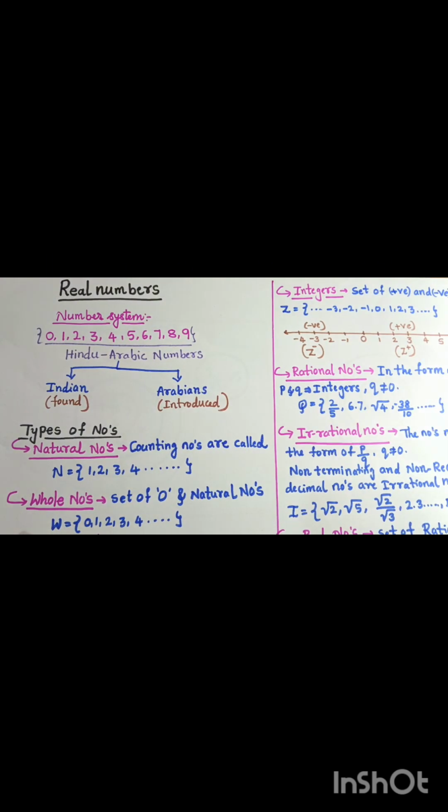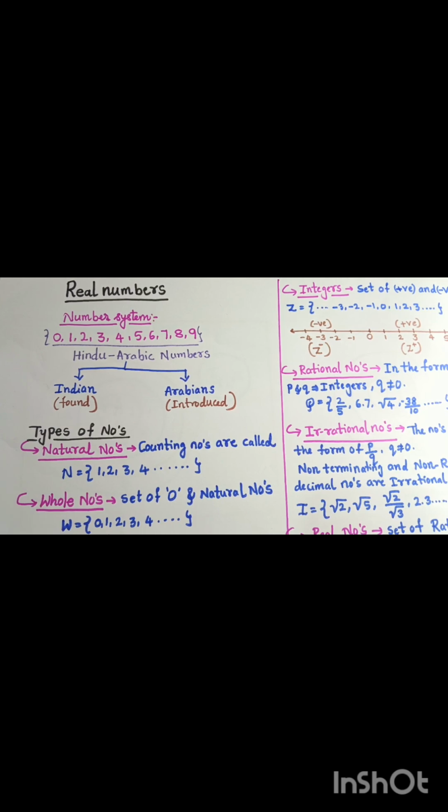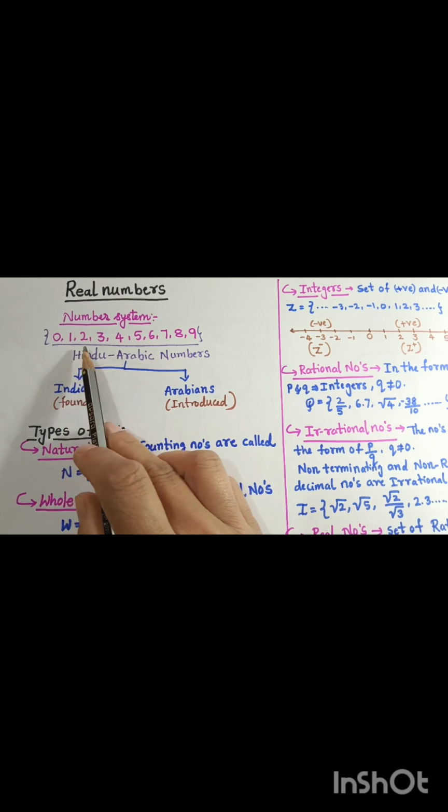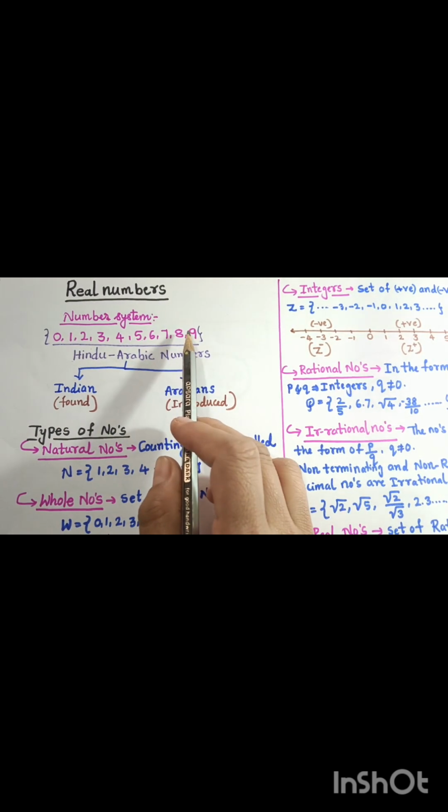Okay, students, note down some points I'm going to discuss here. Just see, what is the first point? When we start our number system, you know some numbers. The starting numbers are 0, 1, 2, 3, 4, 5, 6, 7, 8, 9.